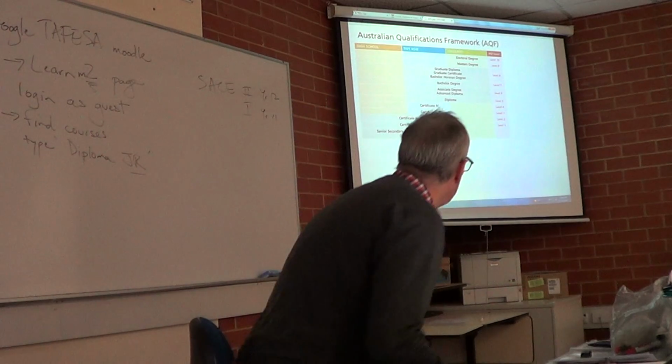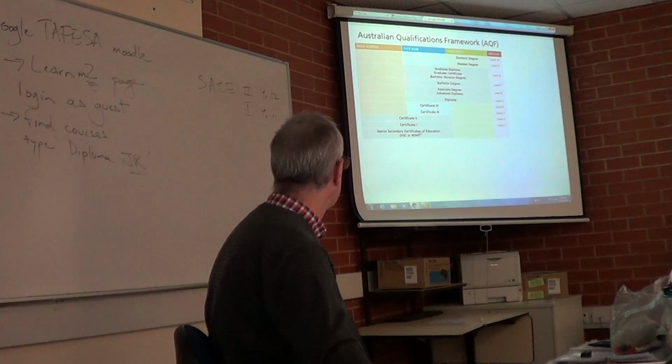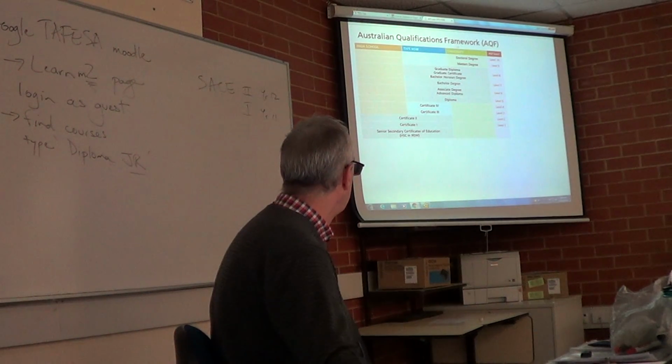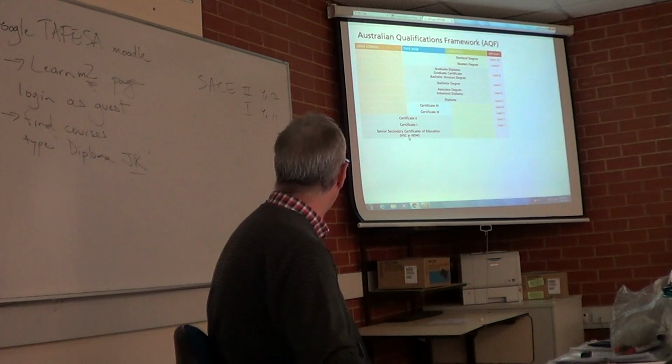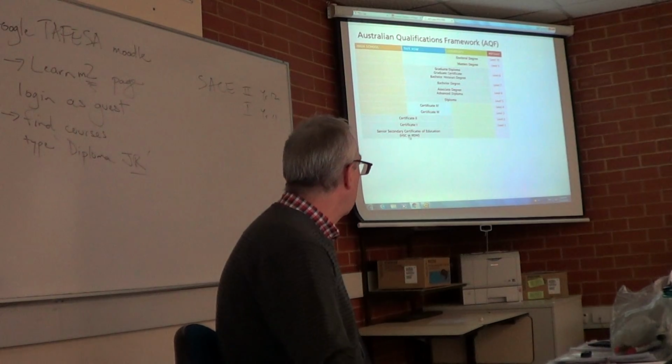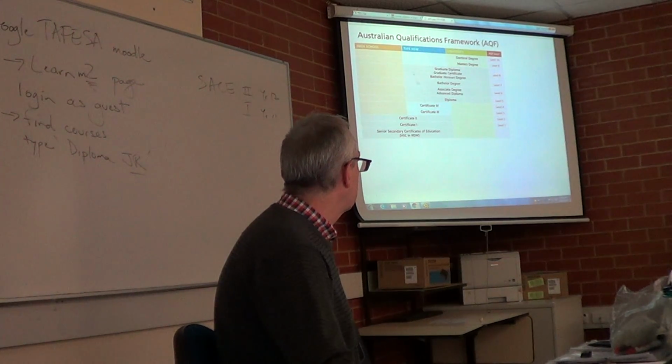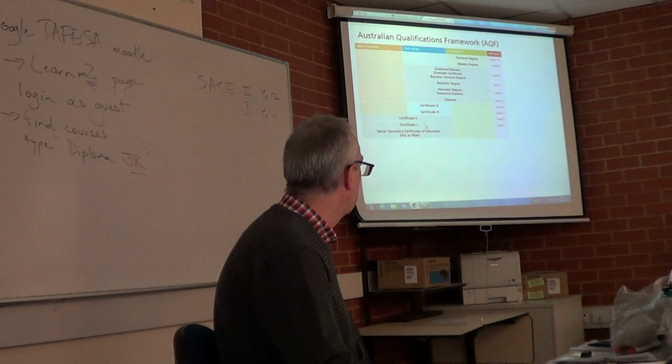In New South Wales it's called something different, and we call it SACE here. Certificate 1, Certificate 2, Certificate 3, Certificate 4. This is in TAFE, South Australia, not New South Wales. Okay, you've got your certificates, and we're here.